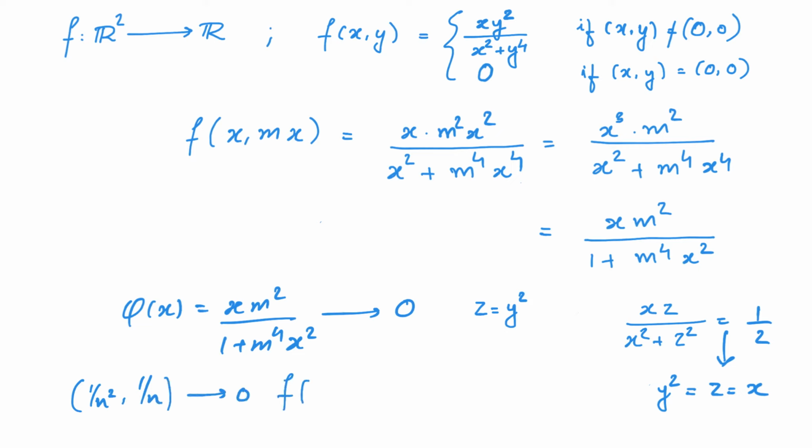But if you look at f of (1 by n square, 1 by n), that is equal to 1 by n power 4 divided by 1 by n power 4 plus 1 by n power 4, which is equal to half, which does not converge to 0. So the sequential criterion fails, and hence this function is not continuous.